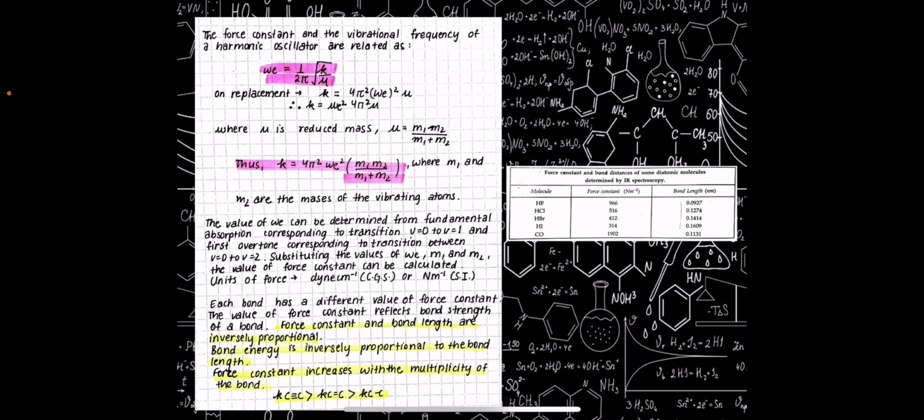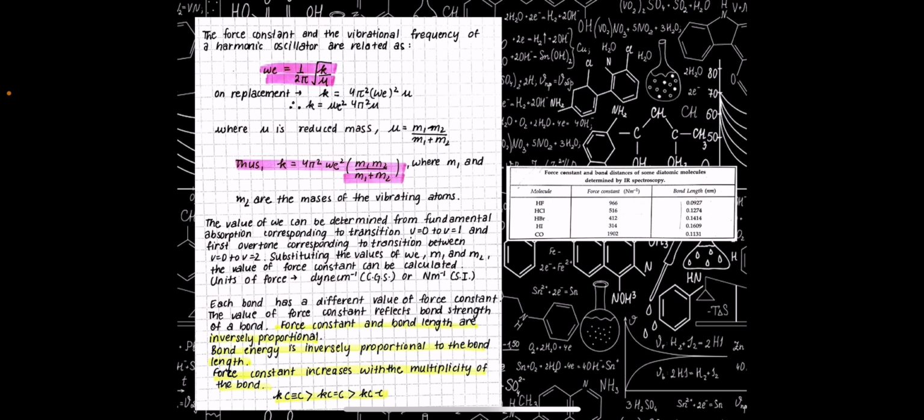The units of force constants are dyne per centimeter in the CGS system and Newton per meter in the SI system. Each bond has a different value of force constant. The value of the force constant reflects the bond strength of a bond. Force constants and bond lengths of some diatomic molecules are shown in this table.